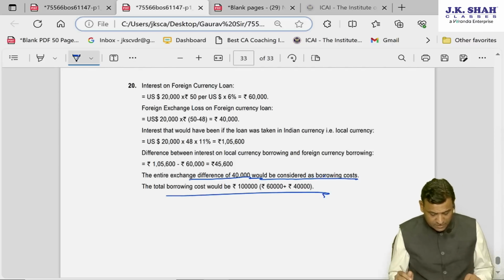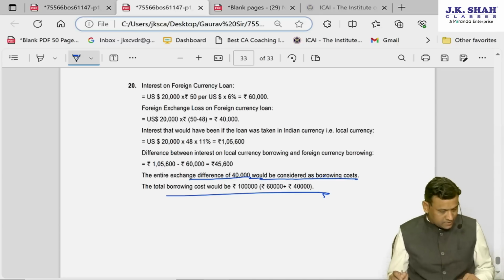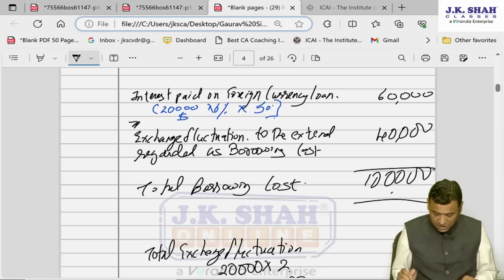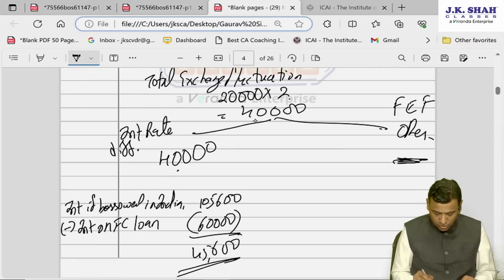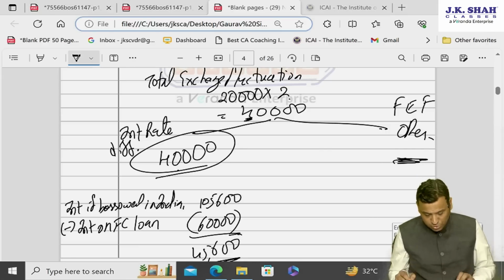Now this 1 lakh will be capitalized provided the loan has been taken for a qualifying asset. But if the foreign currency loan is not for a qualifying asset, then this 1 lakh will be expensed off as borrowing cost. So here the whole exchange fluctuation will be considered as borrowing cost. For example, had this been 50,000 instead of 40,000, then I would have considered interest rate difference of 45,600 and the remaining amount would have been considered as foreign exchange fluctuation.